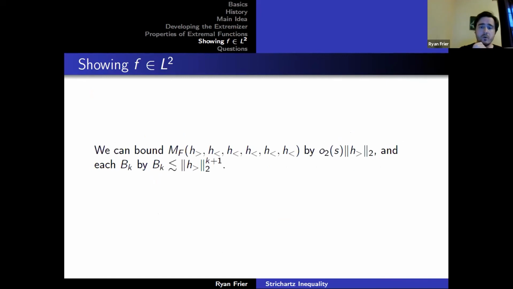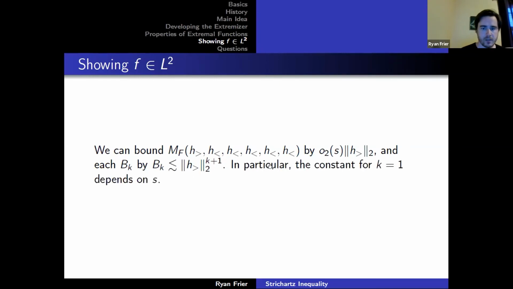All right, so now this first term, the very first term, I can bound using that operator bound that I had earlier, using the result from Bourgain, Colliander, and Tao, to bound this above by a constant that depends on s, times h greater than. And doing the exact same thing, I can bound Bk by h greater than to the k plus 1.